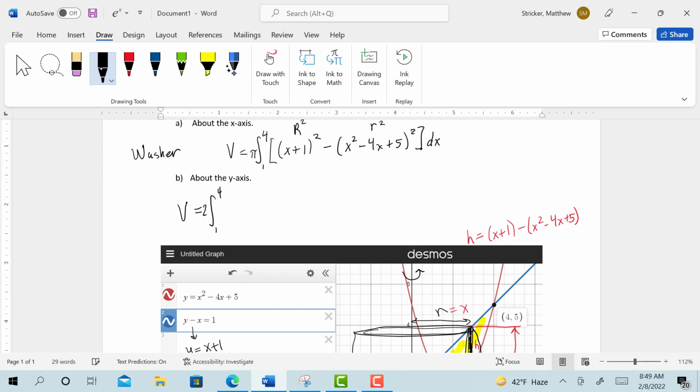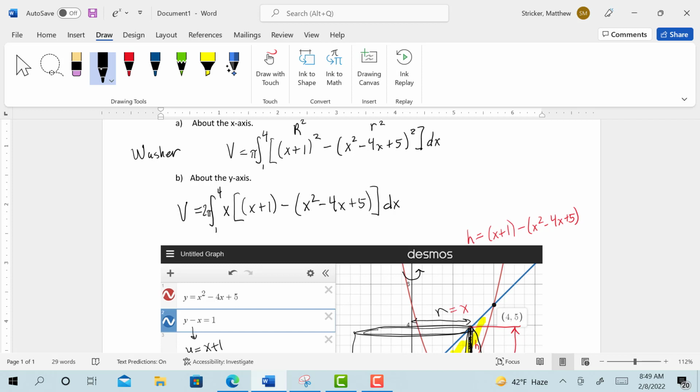We have 2 times pi, times r, which we know is x, times h, which we already determined was the top function minus the bottom function. And that's it.